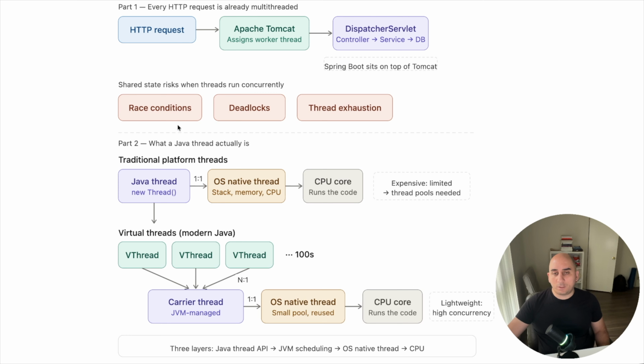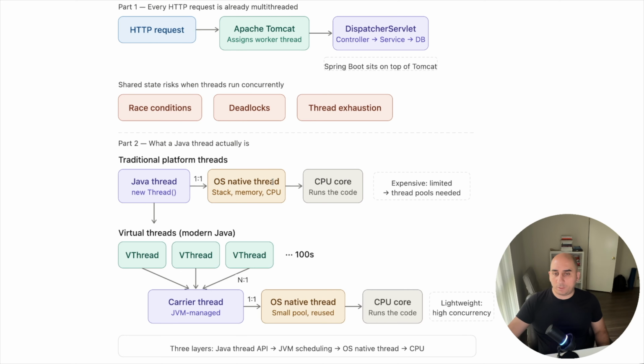In most cases the type of bean we are using is a singleton bean, and in a singleton bean, if you are using a field that is shared among the threads, because we are creating only one copy of that singleton, then you may have a race condition, or other issues such as deadlocks or thread exhaustion and similar. So that's the first reason why it's important to learn multithreading, even in the context of a web application, even in the context of Spring.